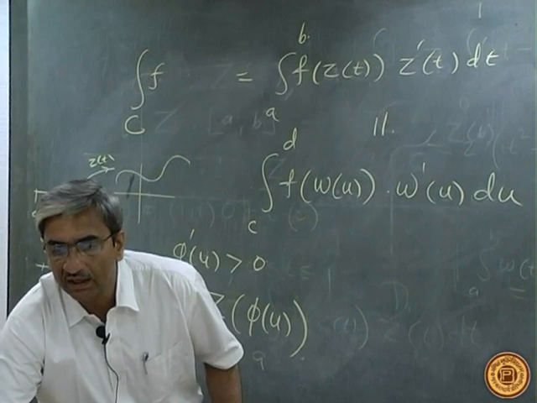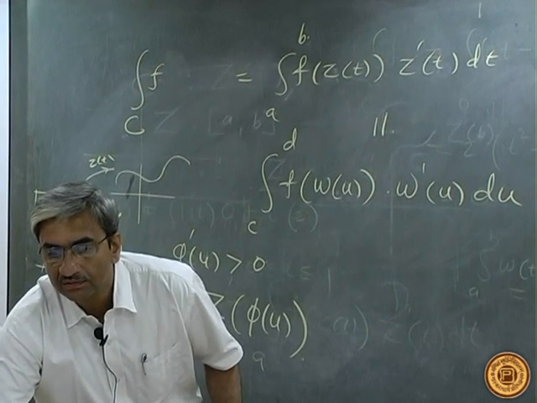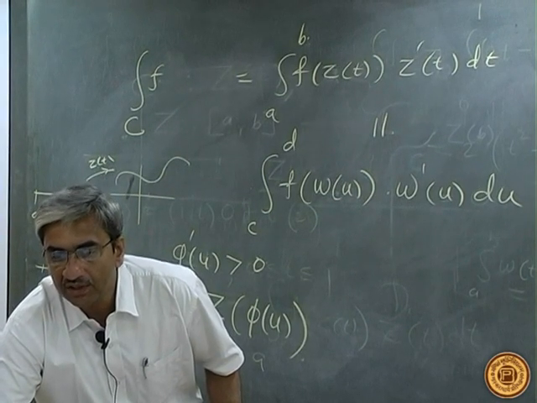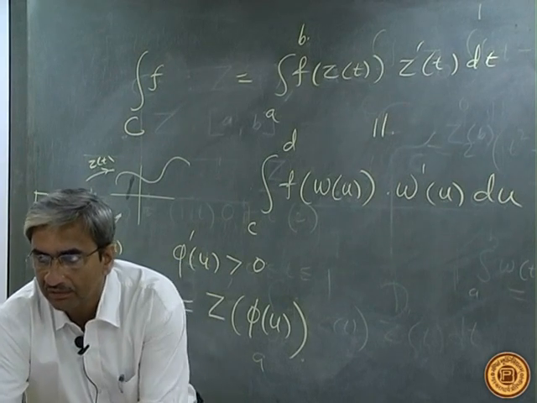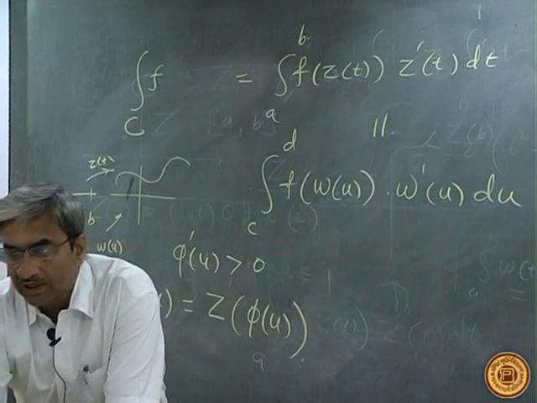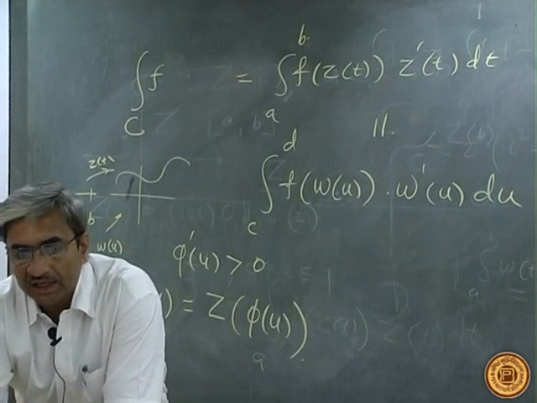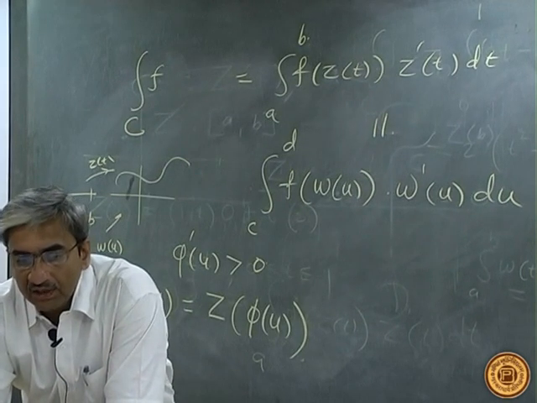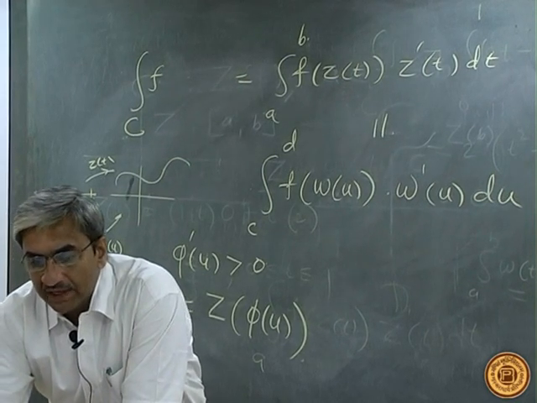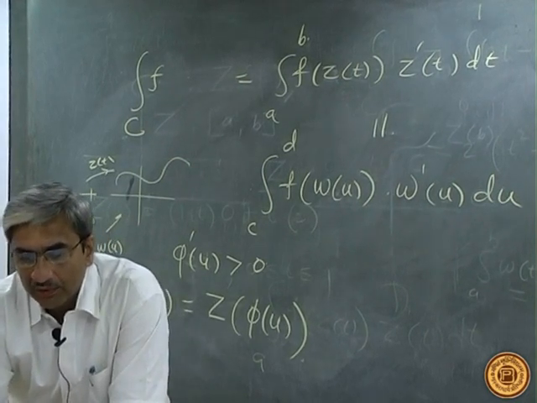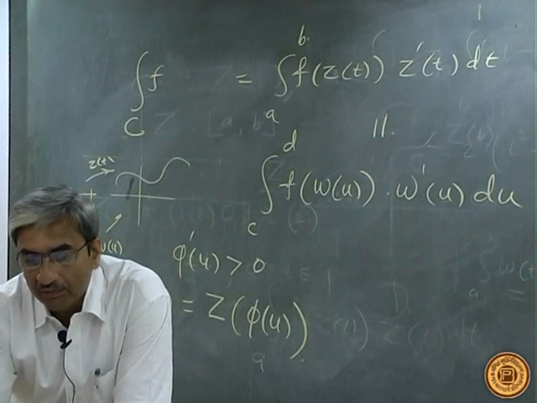So then the integral over C of f(z) dz, do you see it on your screen? That is the integral of f(z) dz over C, which is the integral from c to d of f of z(phi(u)) into z prime(phi(u)) into phi prime(u) du.